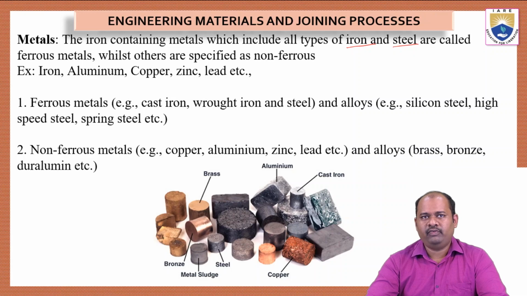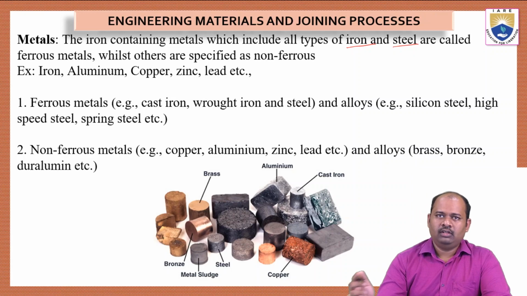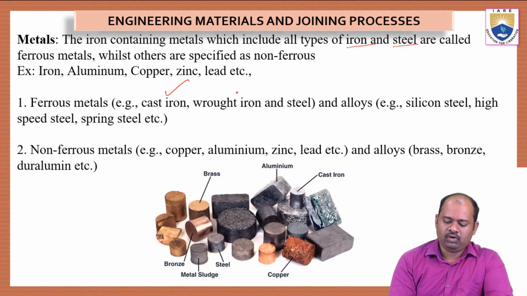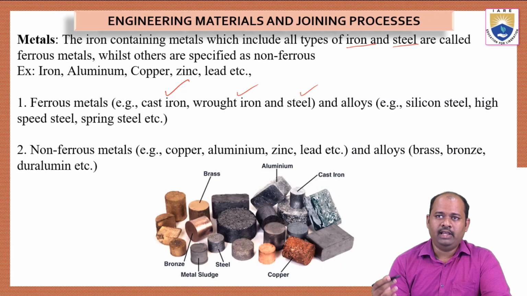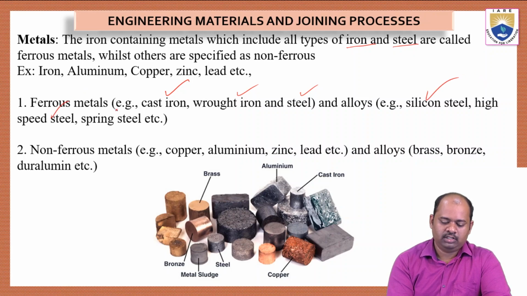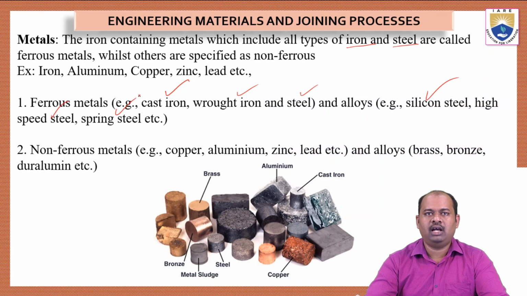Examples of ferrous metals are cast iron, wrought iron, steels, etc. We have some more alloys like silicon steel, high-speed steel, spring steel. These are alloys of iron. By adding some proportion of other elements like silicon, we can change the actual properties of iron.